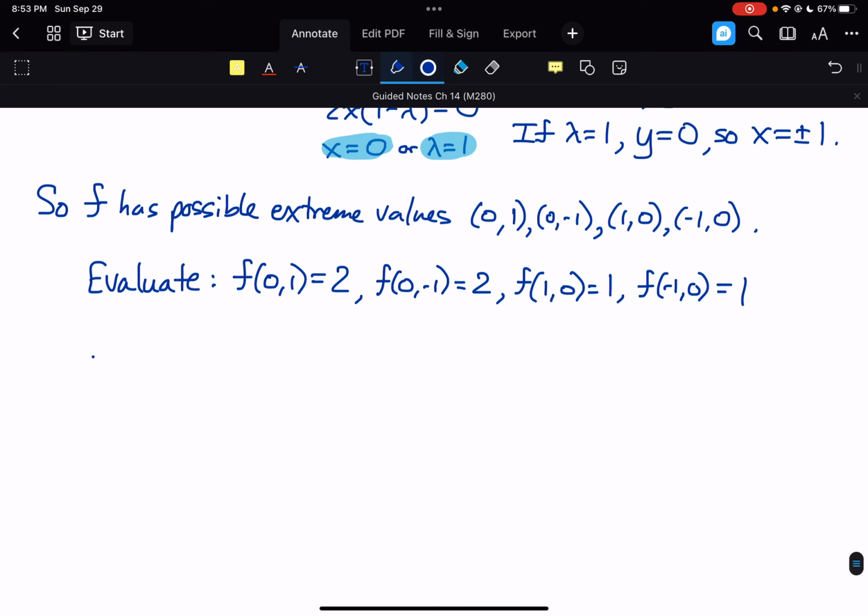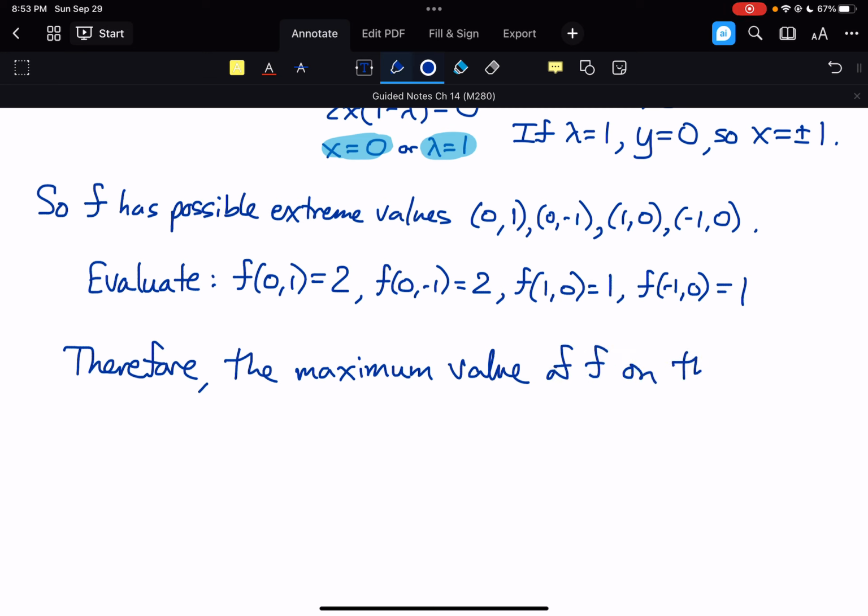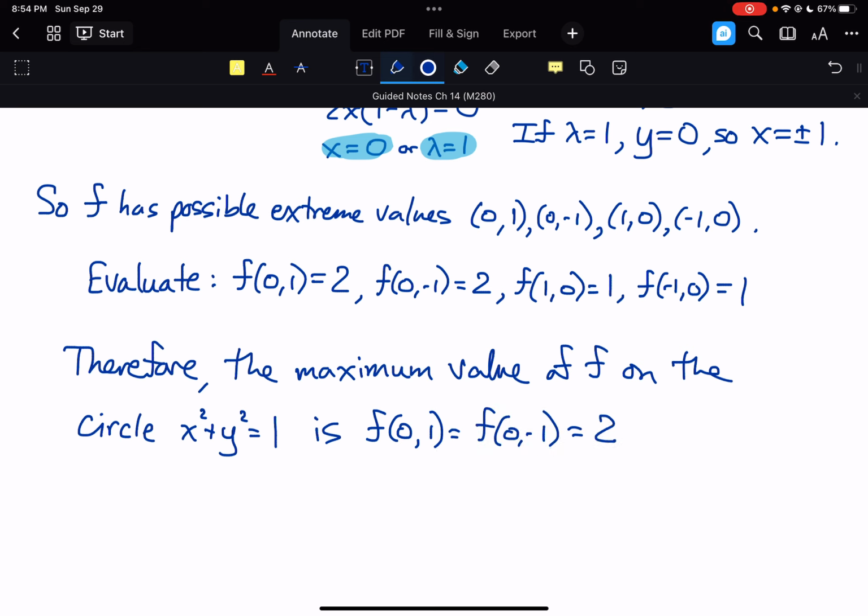So we can say, therefore, the maximum value of f on the circle x squared plus y squared equals 1 is f of 0, 1 equals f of 0, -1 equals 2.